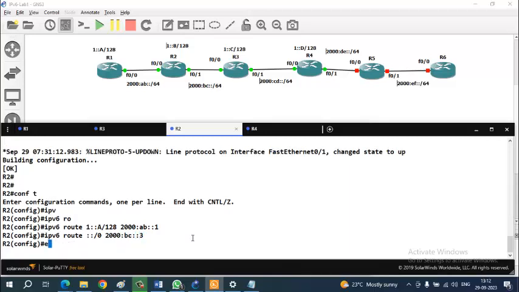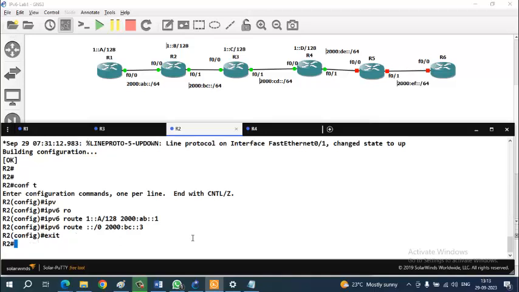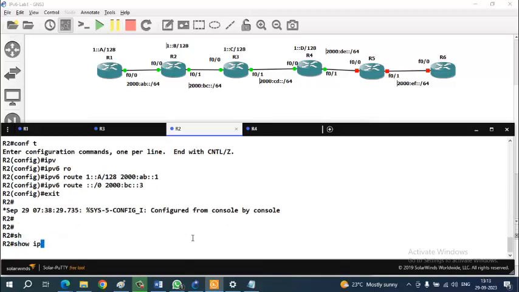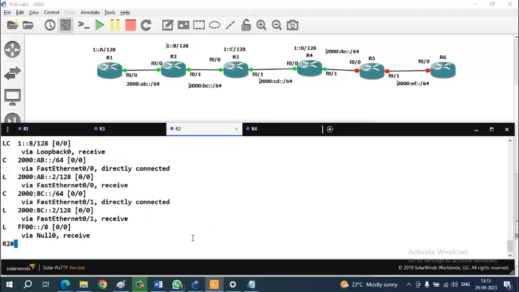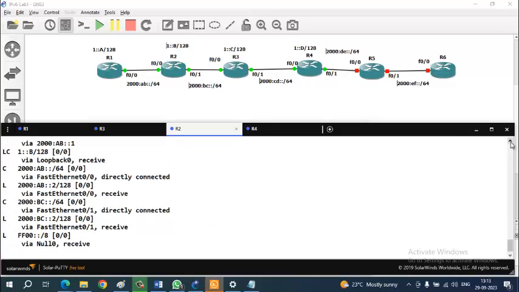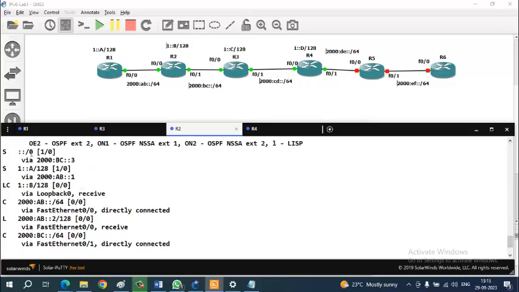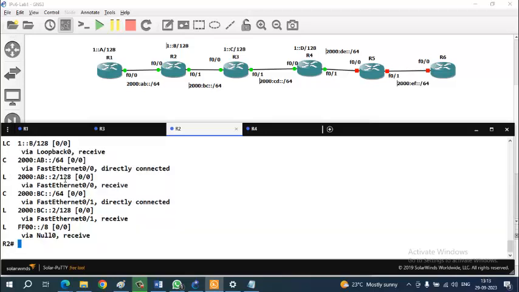Let's check the routing table now. Show IPv6 route. You see, one I have the default route, another one I have this route. Now we got the routes, but I will not be able to ping. Let us finish R3, then we'll come and talk about that.